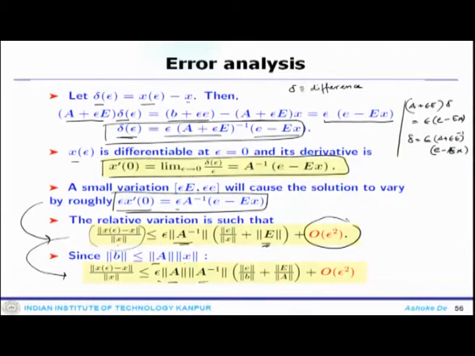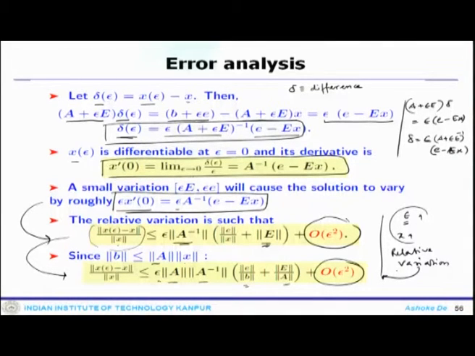So, I can rewrite this particular expression: the relative variation is less than or equal to epsilon times A inverse, E by B, E by A, plus order of epsilon square. So, you can see that once you perturb the initial variation by epsilon, how much the solution will vary, and you can find the relative variation through this.